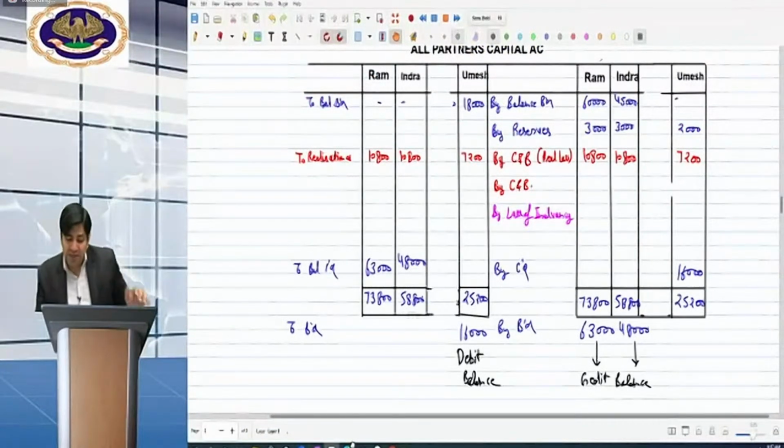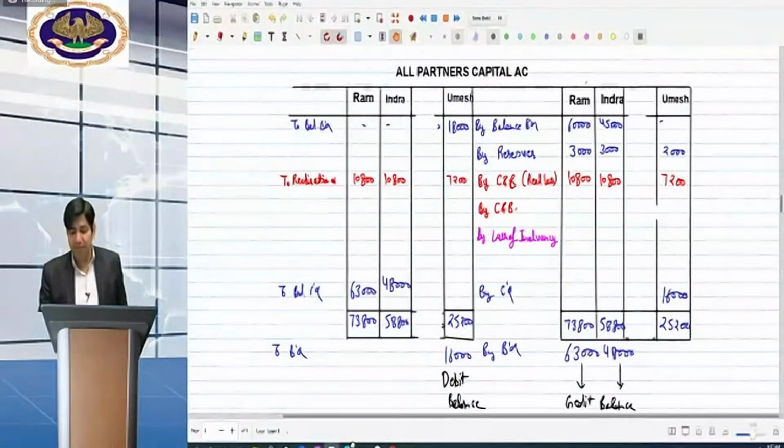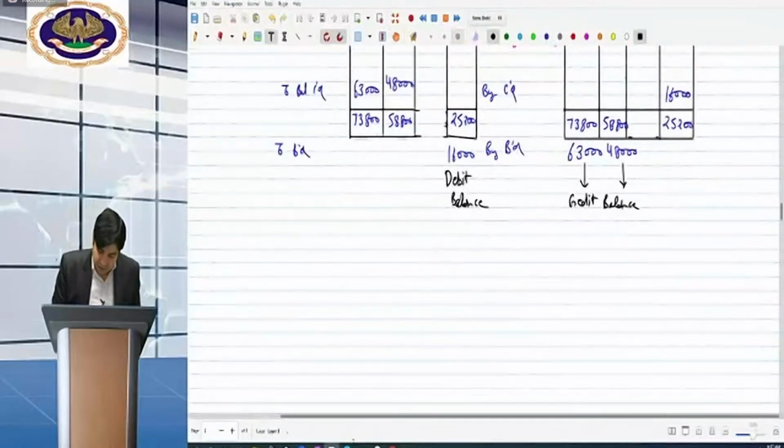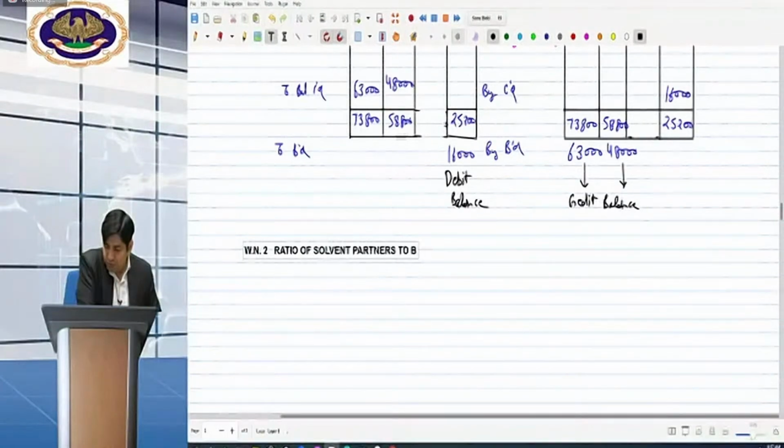Now, can you please tell what are the amounts which are coming in their ledger because of realization? So I am doing here again the same thing. Working note number 2. Ratio of solvent partners to bear loss of insolvency.